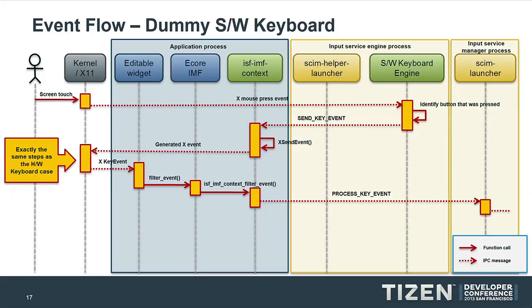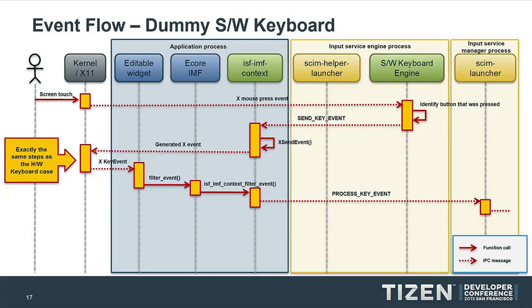In this dummy software keyboard, what it really does is that when it receives the mouse event, it just identifies which button was pressed, and then it just sends the send key event IPC message back to the application, and the ISF IMF context module will just call send the event. Then it's going to just generate a fake hardware key event.